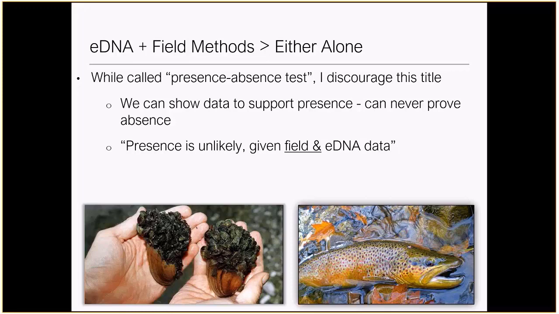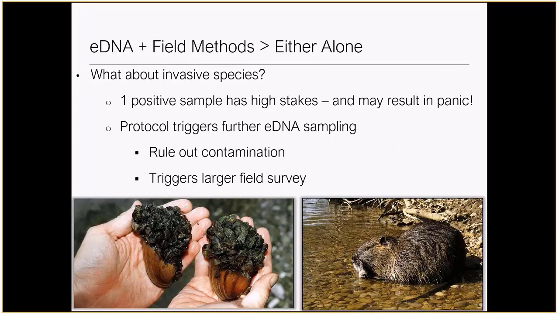And I know there's a lot of questions usually about invasive species. And if we get one positive sample across, say, hundreds of samples in a study area, that one positive sample has really high stakes, may even result in some amount of panic.